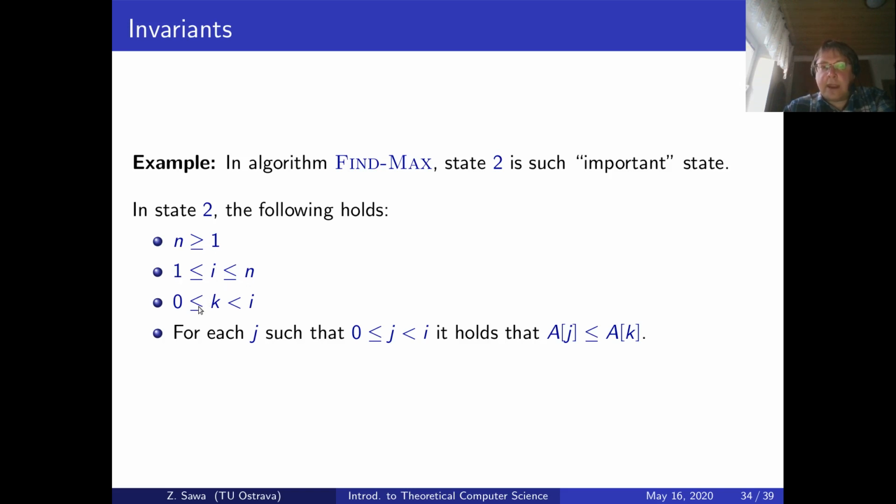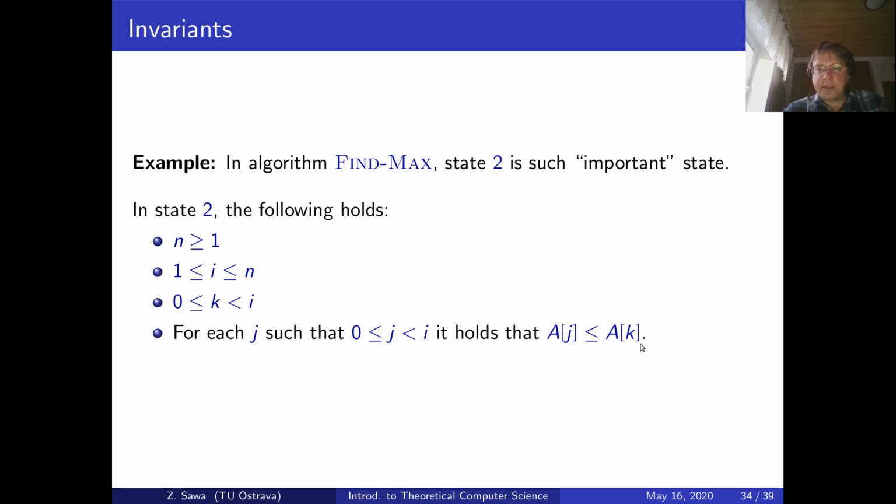The value of k is greater or equal to 0 and strictly less than i in this position, and that k points, if we consider the part of the array from 0 to i, including 0 but excluding i, to the maximal element in this part of the array.